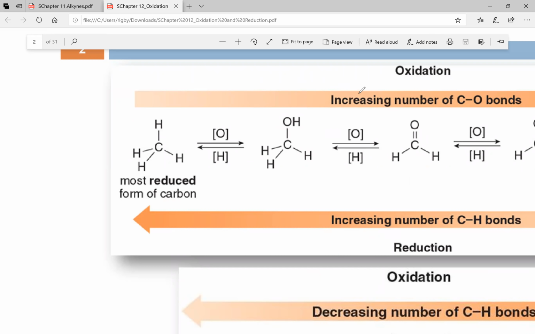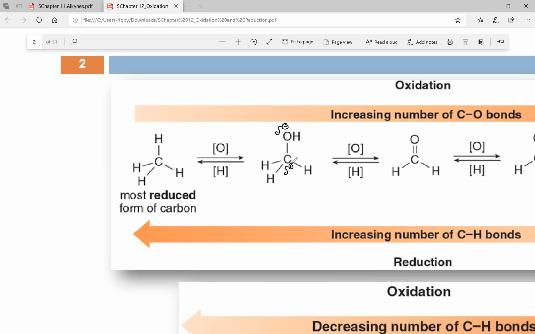We can also think of this as the electron density being pulled away from the carbon and towards that oxygen. So if you think about it, this carbon is losing electrons.